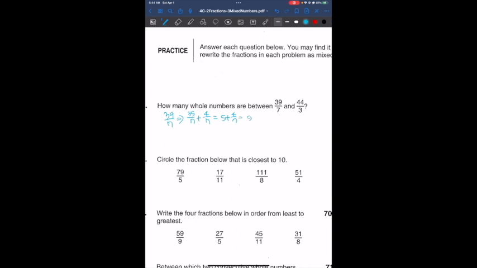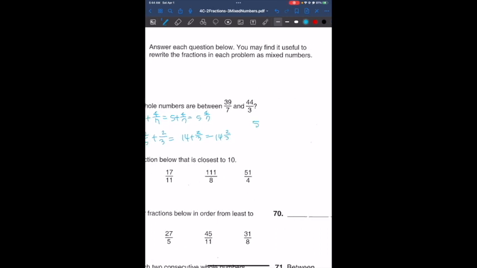So that's going to be 5 4/7. And for 44 over 3, we can write that as 42 over 3 plus 2 over 3, and that is going to be 14 plus 2 over 3, which is 14 2/3.